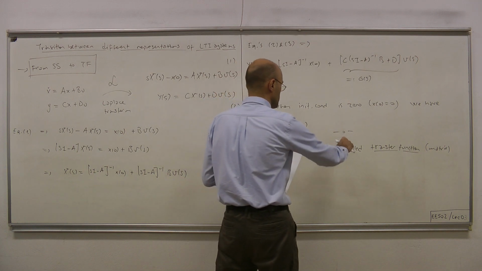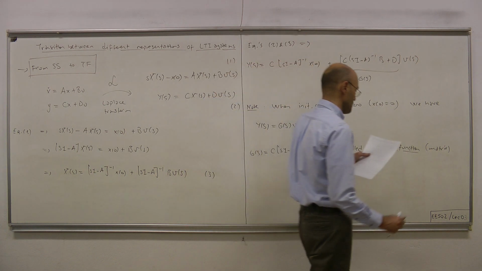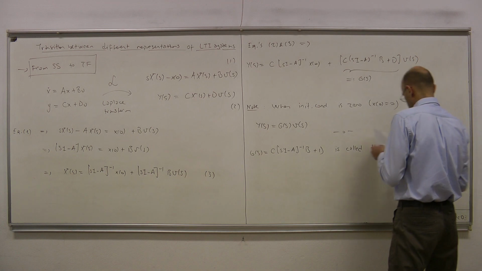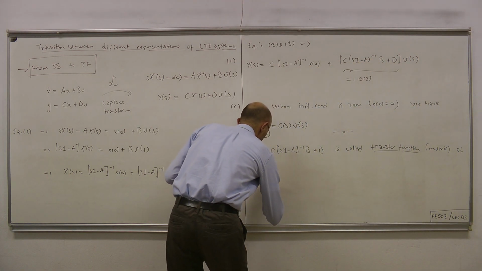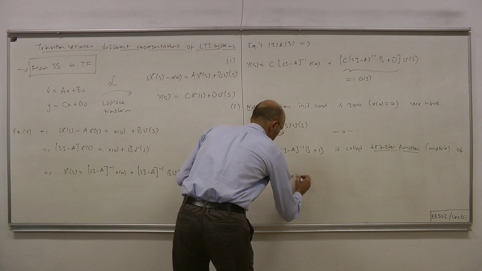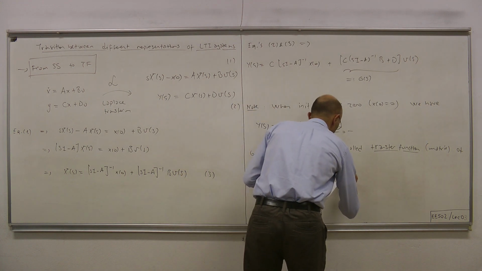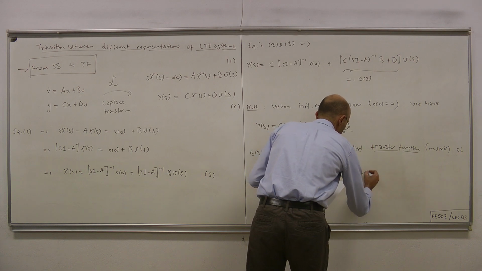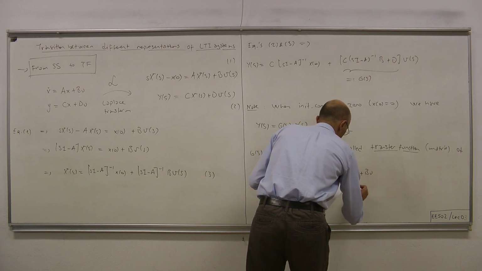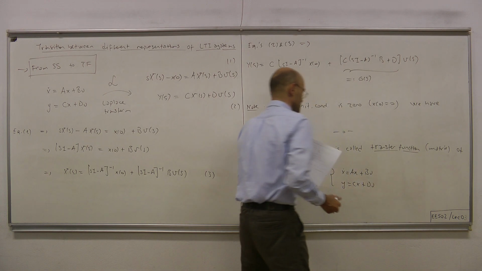This is called the transfer function of the linear time invariant system x dot equals Ax plus Bu, and y equals Cx plus Du.